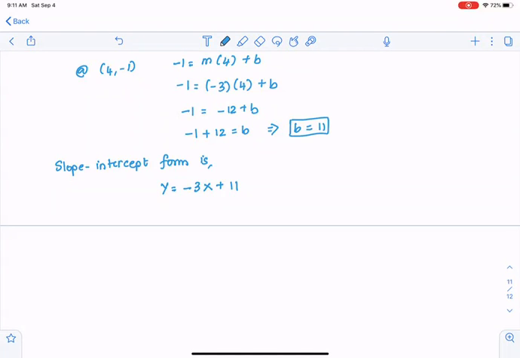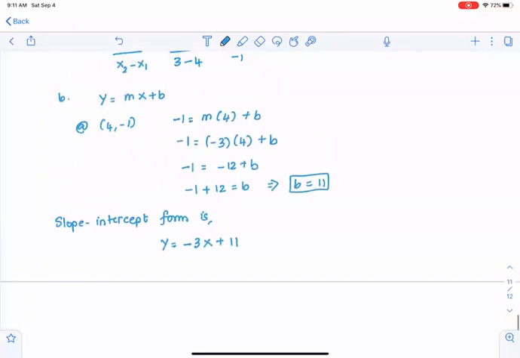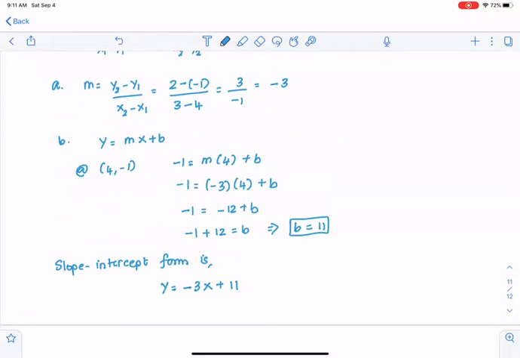The next step, use one of the 2 points to solve for the intercept. Then we know the value of m and the value of b, so we can plug them in. In this case, m was -3 and b was 11. So I plugged those into y equals mx plus b, and I have the slope-intercept form of the line.